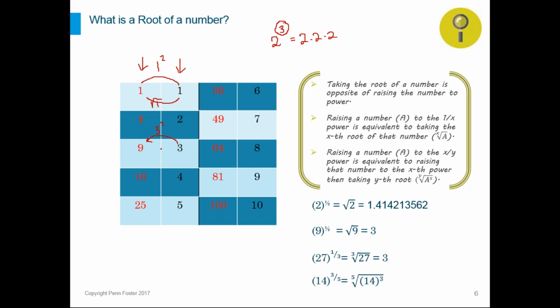The opposite, taking the square root of 9, will give you back the 3. So when you take the square root of 9, you go back to the original 3. This is how we think of taking the root of a number as the opposite operation of raising the number to the exponent. Now, are all roots square roots?